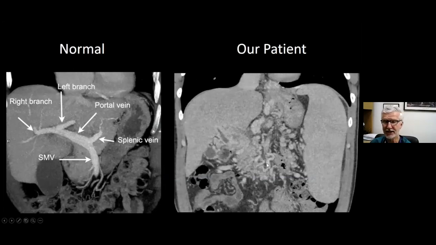Our patient on the right side of the screen had complete obliteration of his portal system and most of the splenic vein, as you can see here. I challenge anybody to find any normal part on the right side of the screen of the portal venous system. It's just all gone. It's completely occluded.